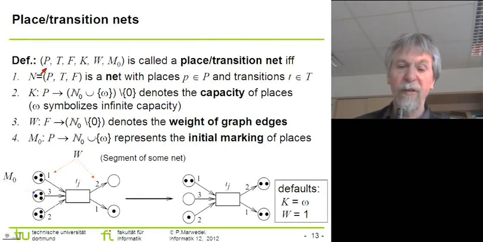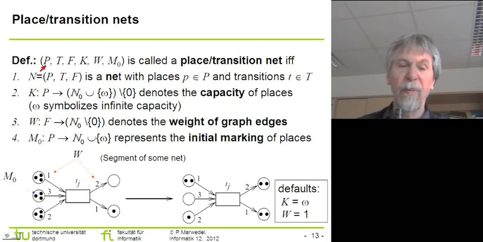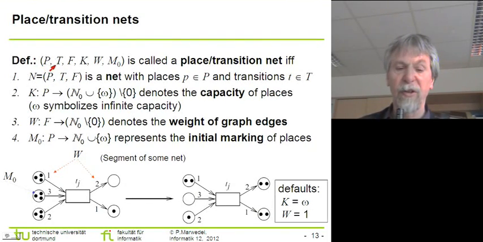Formally, a place transition net is a six-tuple where the first element in the tuple is called places, and the places correspond to what we so far called conditions. And then the second element is the set of transitions. These transitions correspond to what so far we called events. And then we have the flow relation just like before.